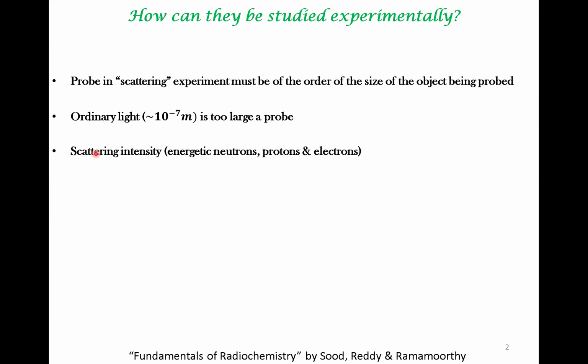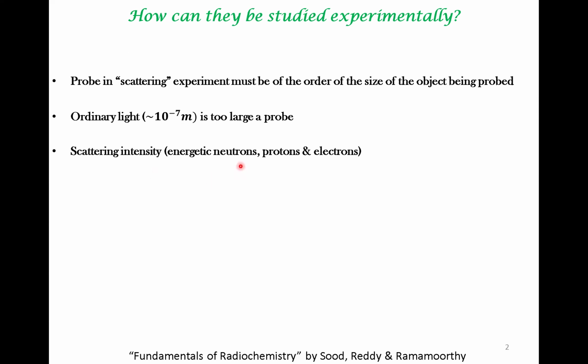When we say scattering intensity, it means you send in a probe and the probe changes its direction, its trajectory. The scattering intensity can be considered as a function of three different probes.